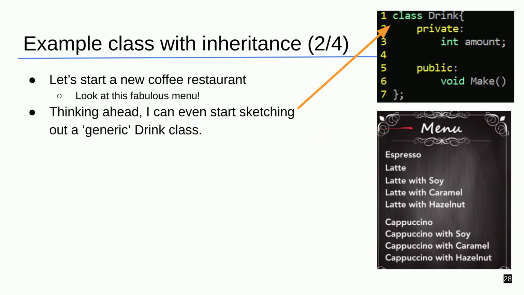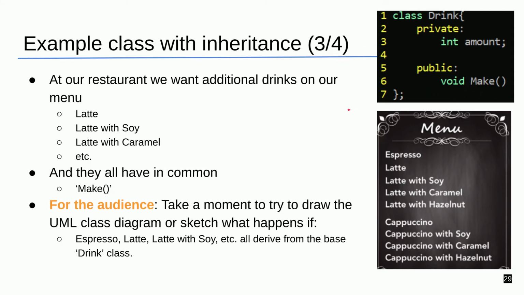Thinking ahead though, I want to model this menu for our customers, and I can even start sketching out a generic drink class. So here's for our drink, how much it's going to cost and maybe the steps to make it. At our restaurant, we want to add additional drinks on our menu: lattes, latte with soy, latte with caramel, all of these different drinks.